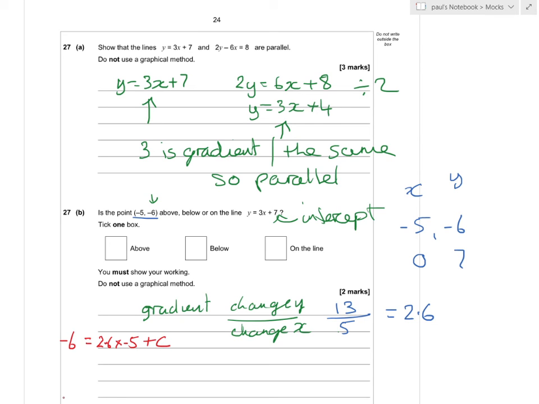Is this going to be right? 2.6 times minus 5 is minus 13. So we've got minus 6 equals minus 13 plus c. So add 13. Minus 6 add 13 is 7. 7 equals c. So it's the same intercept.